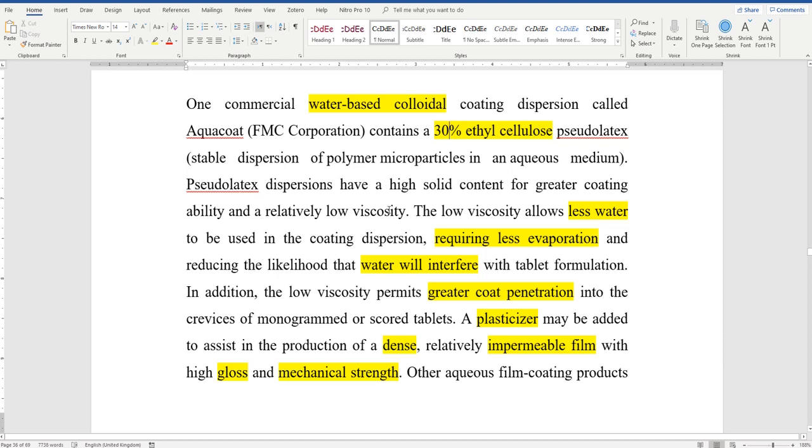طيب, what is the benefit of having low viscosity of the material you want to spray on the tablet? شو benefits? يعني when I say low viscosity, is there any benefit? Of course, there is a lot of benefit.